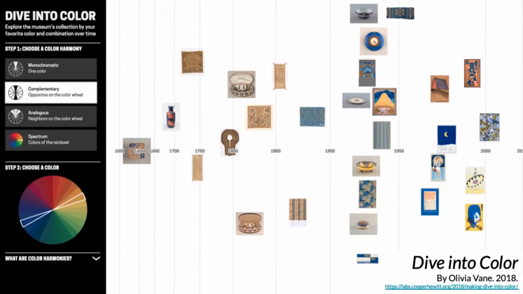An interesting thing that happened with this interface was that all of the colors for these objects were extracted computationally using a computer vision tool. The collection is about 200,000 objects, so asking someone to manually go through and add all the colors to the records would have been completely unfeasible. So it was done automatically, and the algorithm which picked out the colors was pretty good.